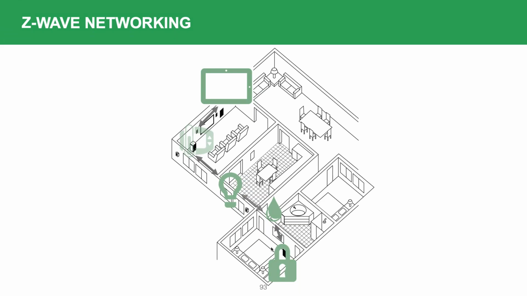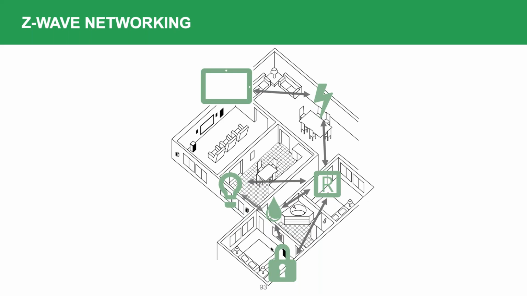So if your thermostat went down in this situation, maybe you're going to lose that connection out to your door lock. But if you were to create additional pathways and strengthen up that mesh network, and this is a small example here, this would make it so I have a different route that my communication can take through ZWave to get to that door lock.